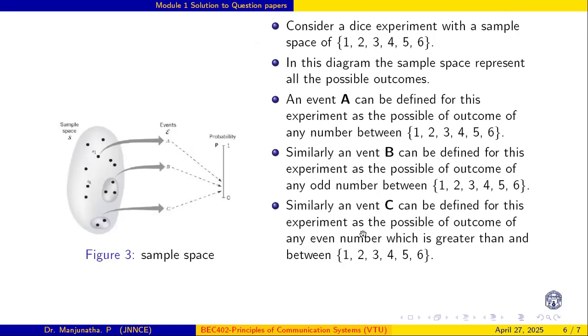Similarly, another event, C, for the experiment is the possible outcome of any number greater than 1 and between 1 to 6. Here, okay, greater than 1, the numbers are 3 and 5 only. So I can define it like that, and its probability is 1 by 6 plus 1 by 6. So that will be the overall probability.